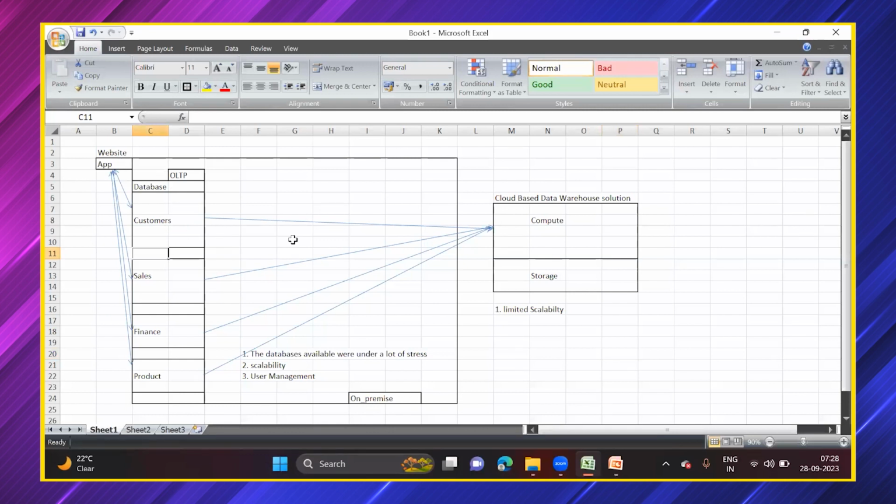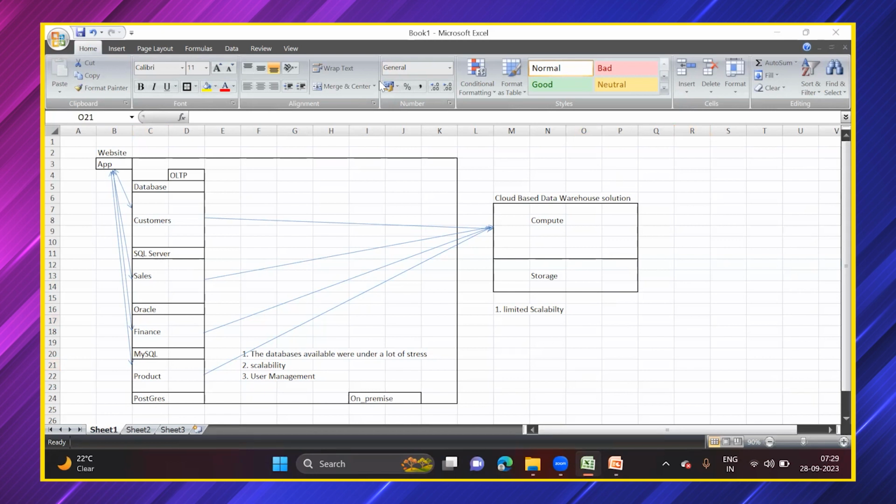These databases could be any database: SQL Server, Oracle, MySQL, Postgres, any relational database. So this cloud-based solution is going to help us with the problems we are facing until now. Is it okay now?